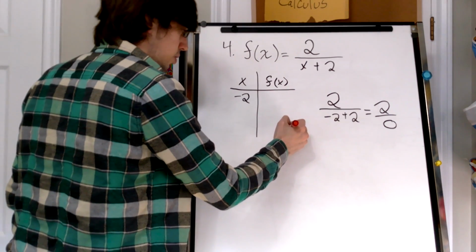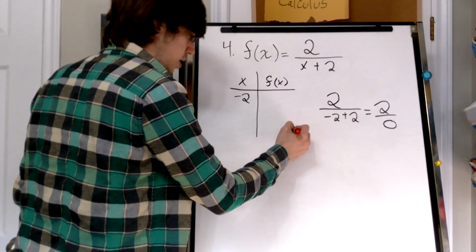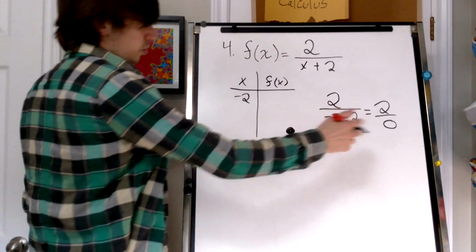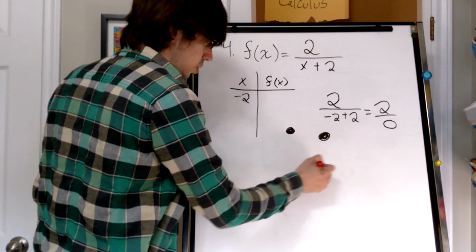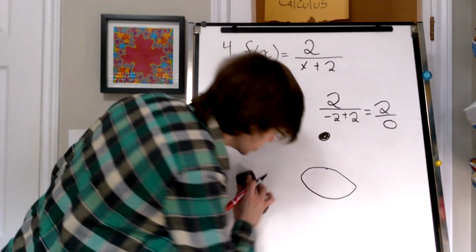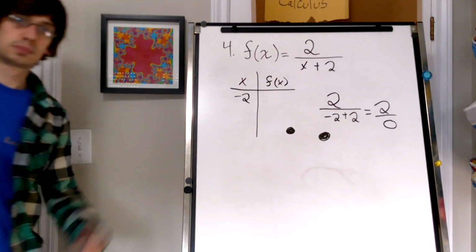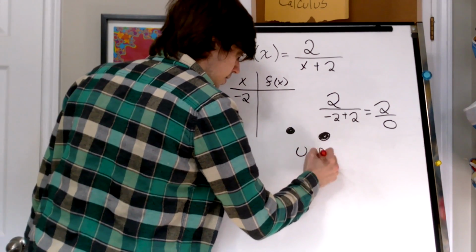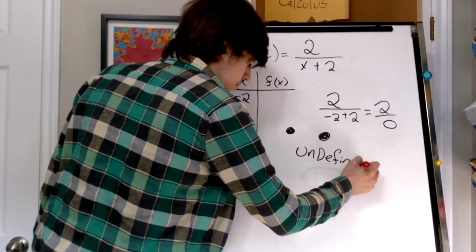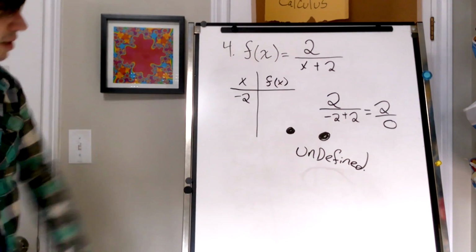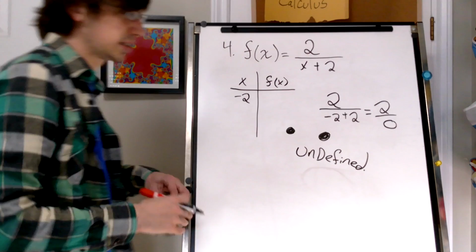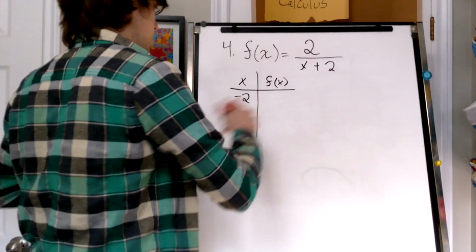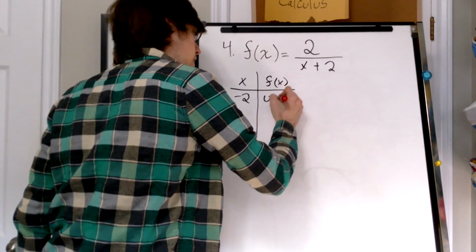If I have two objects, one here and one here, and I want to divide them into 0 categories, how can I do that? I can't. Undefined. You cannot define what it means to divide two things by 0 amounts. So that is undefined at that point.